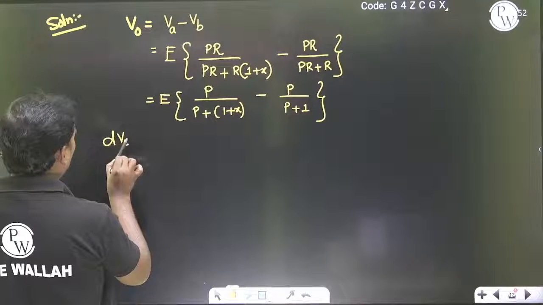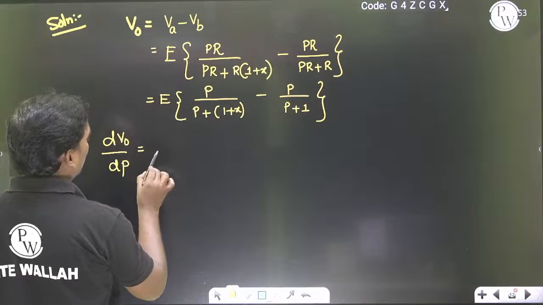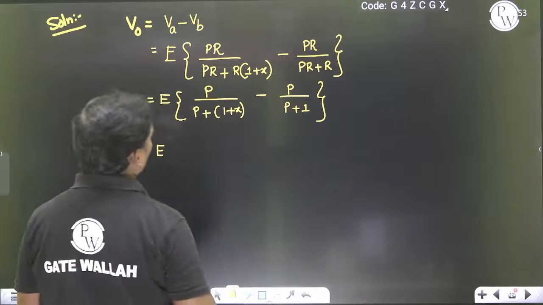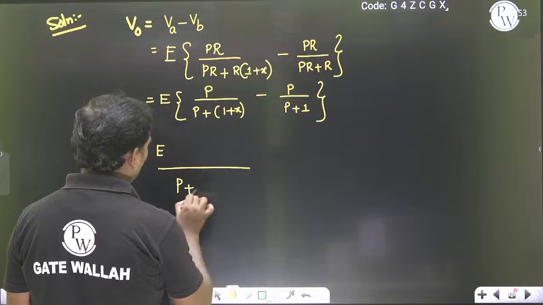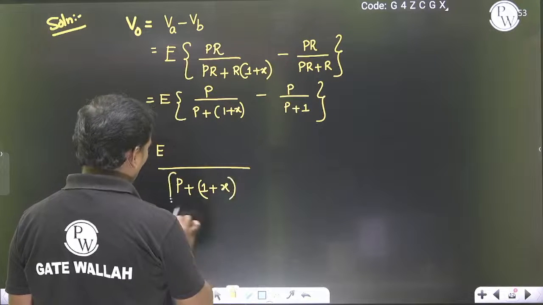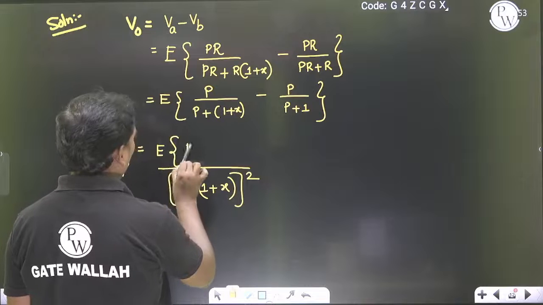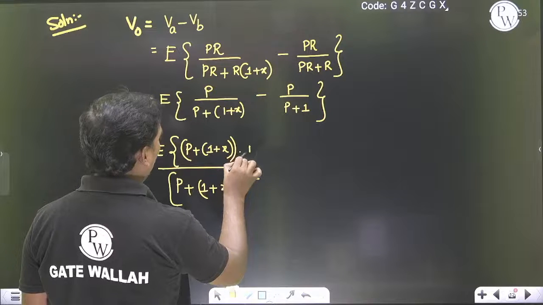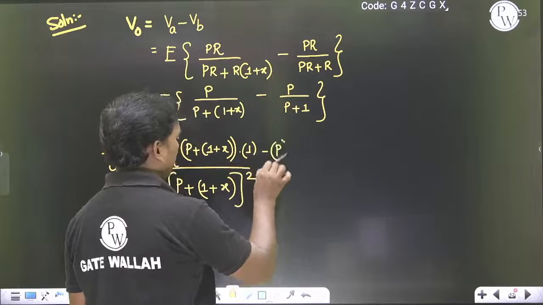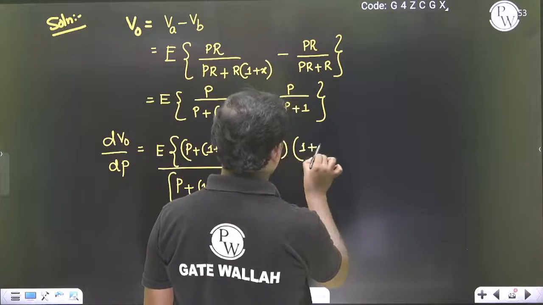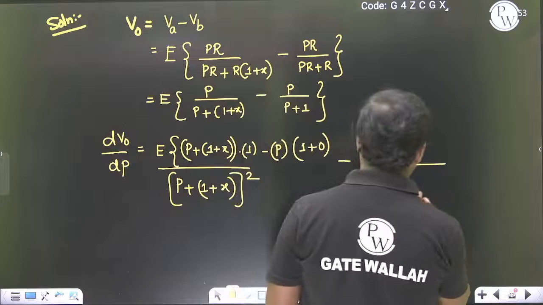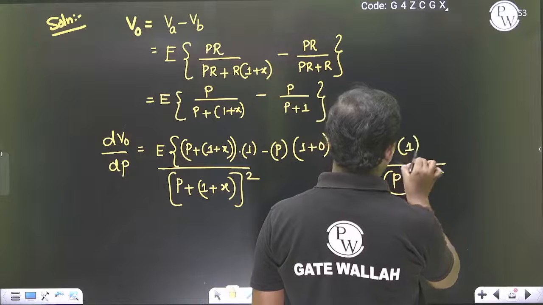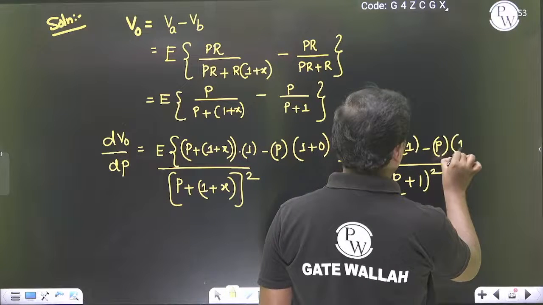So dV naught by dP we have to do. P plus 1 plus X whole square, P plus 1 plus X into 1 minus P, minus P plus 1 whole square, P plus 1 derivative of this 1 minus P derivative of this is 1.